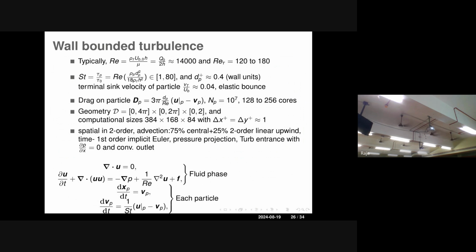No. So you have something like a mean flow going at 1 meter per second, but the turbulent fluctuations are something like 5 centimeters per second, 1 centimeter per second, and so on. So for any particle, how quickly does it really respond to a 1 centimeter per second fluctuation? And what's the value of the density ratio?